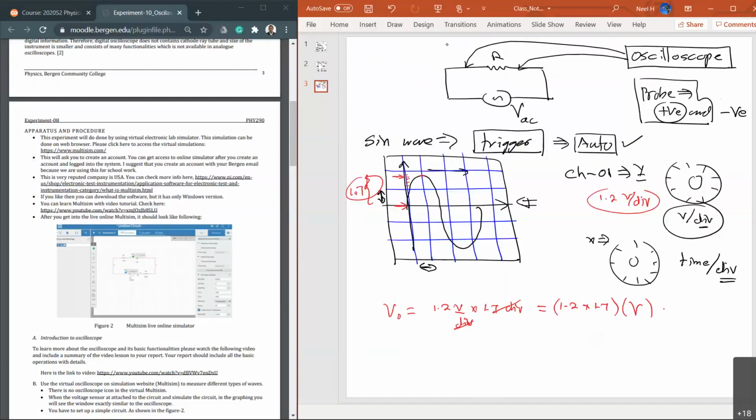Sometimes, depending on this scale where it is, let's say another example, this says 1.2 millivolt per division. Multiply by 1.7 divisions, then the division cancels out. Your output comes as a millivolt, right?